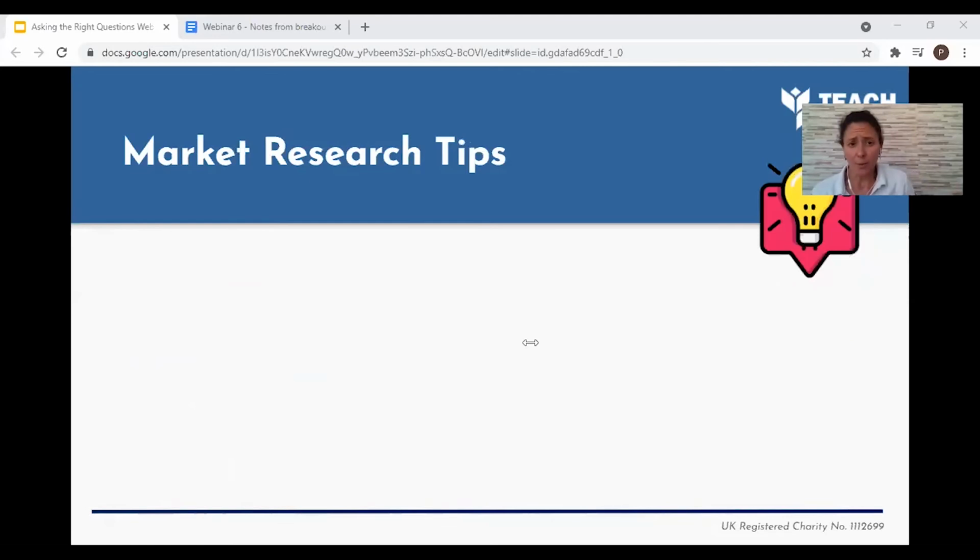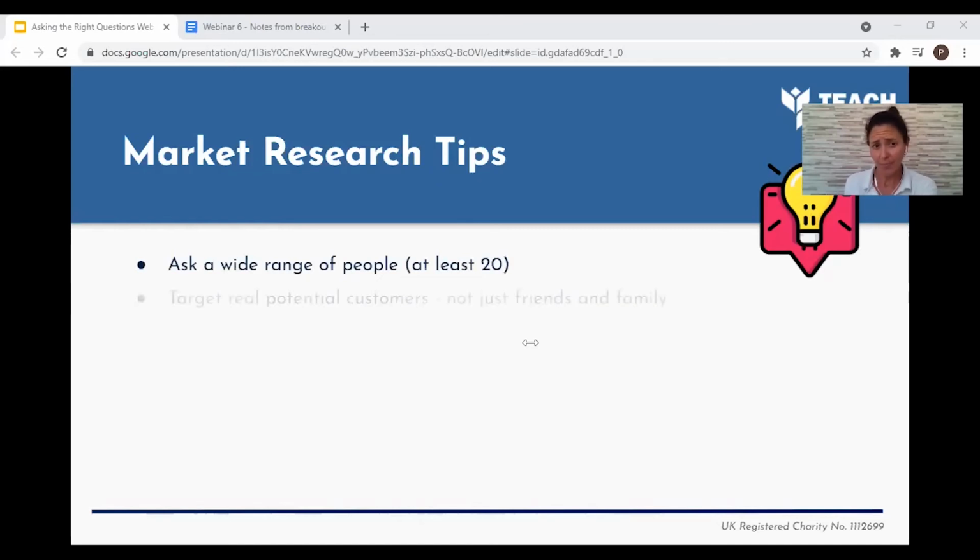And of course, successful market research is not just about asking questions, right? Or thinking about what kind of questions you ask. So we wanted to share some other tips and tricks to help your students conduct effective market research. We recommend you ask a wide range of people, at least 20.